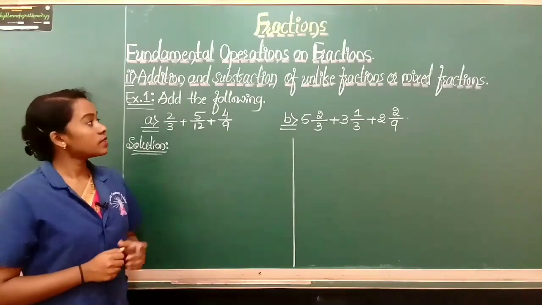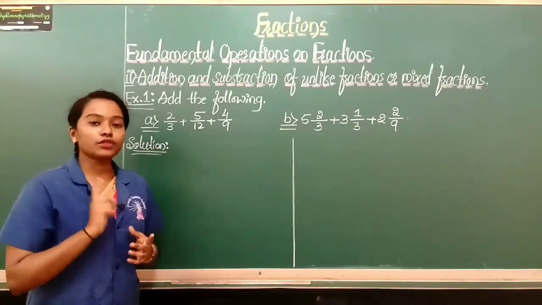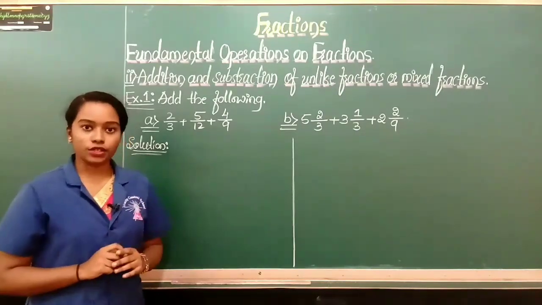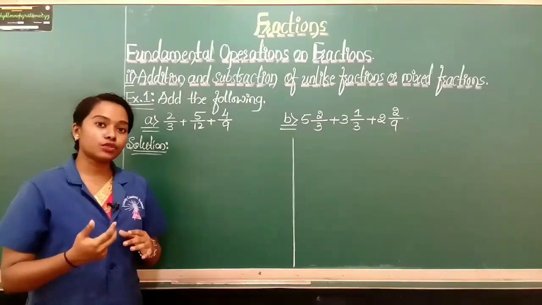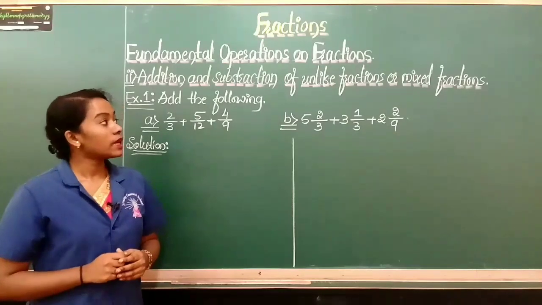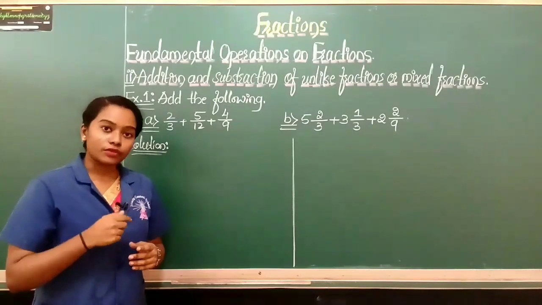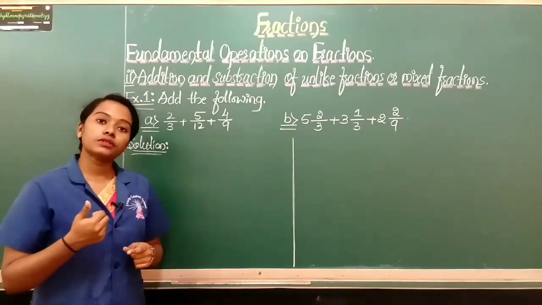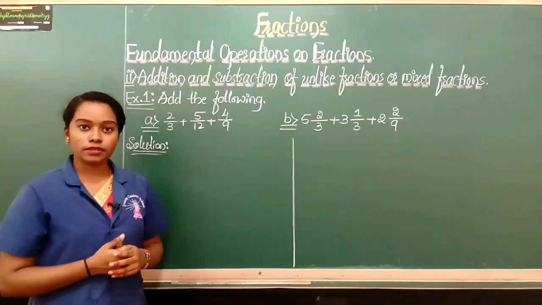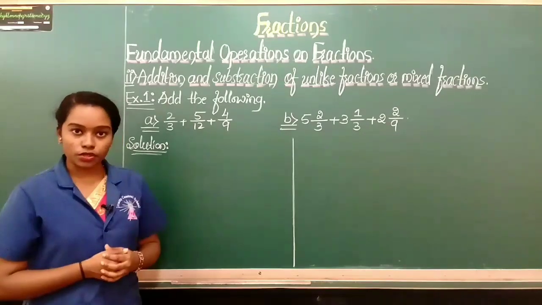To add or subtract unlike fractions, we have to convert them into like fractions, then perform the respective operations. And to add or subtract mixed fractions, we have to convert them into improper fractions, and then perform the respective operations.